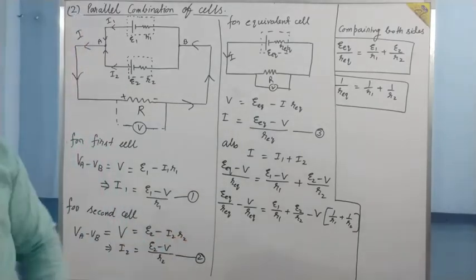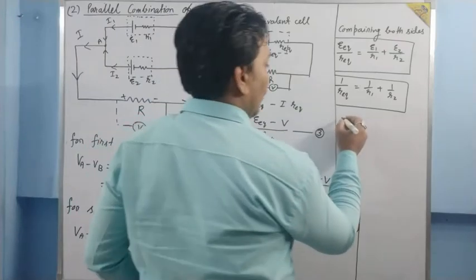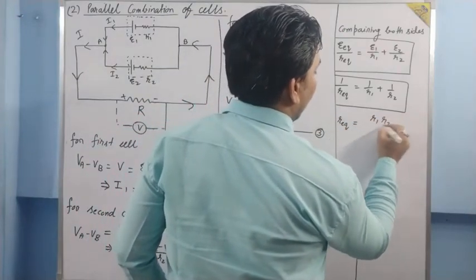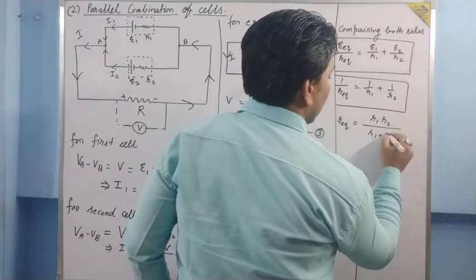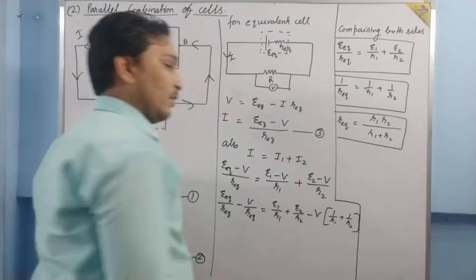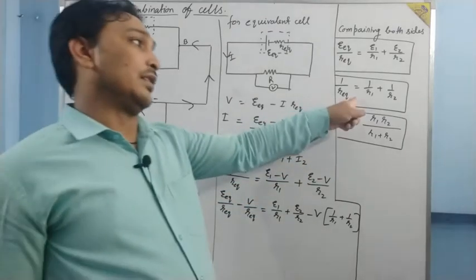It will go like this. Now from here, what can we write? R equivalent is equal to R1 R2 upon R1 plus R2. For 2 cells we can apply this. For 3 cells or 4 cells it cannot be applied, and in that case we have to go by the previous formula.